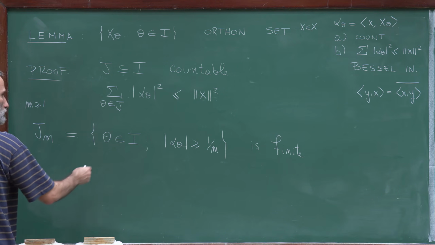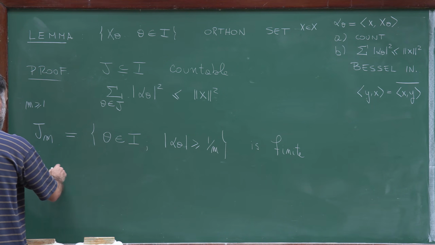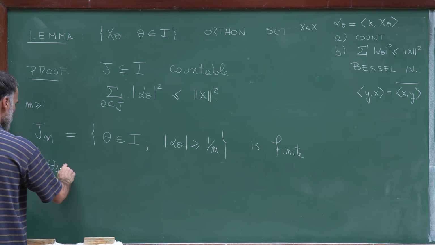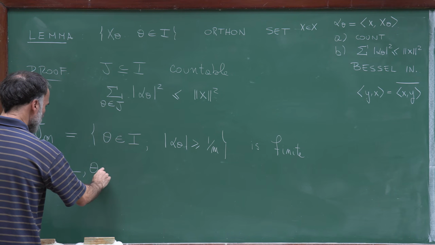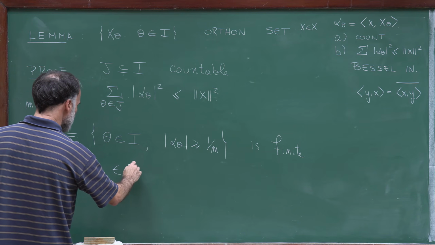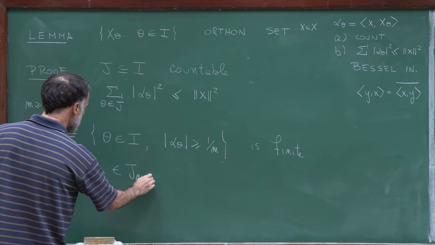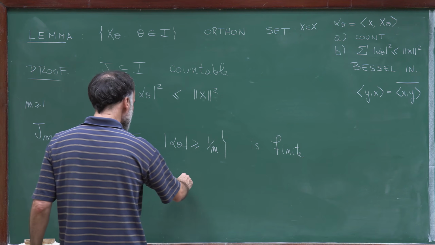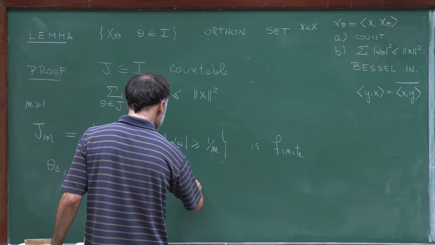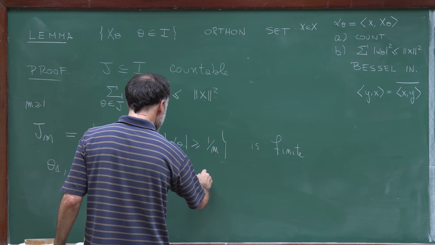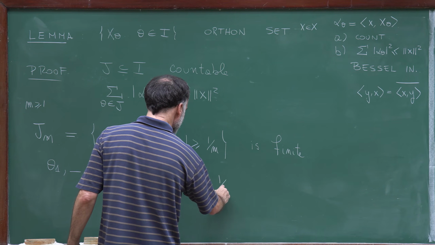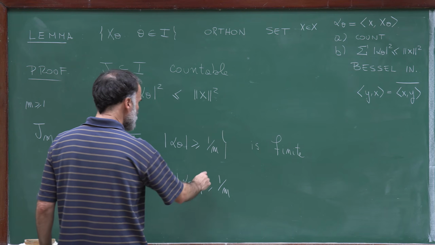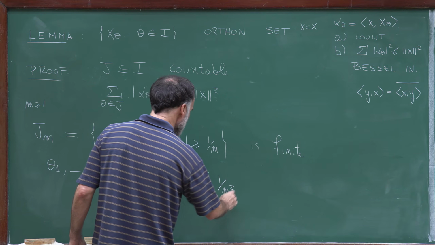Assume that theta 1 up to theta p belongs to Jm. So this means that alpha theta j is larger than 1 over m, and therefore the square is larger than 1 over m squared.